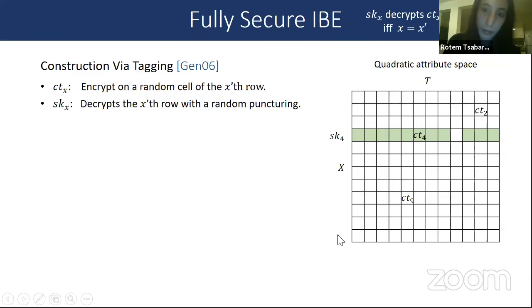So in my new construction, each attribute will correspond to a single row. But in fact, I have a little bit more control than that, because I use a selectively secure scheme in which I have more attributes than you can see as a user of my scheme. Does it make sense? Okay, maybe it will be clearer in a moment.